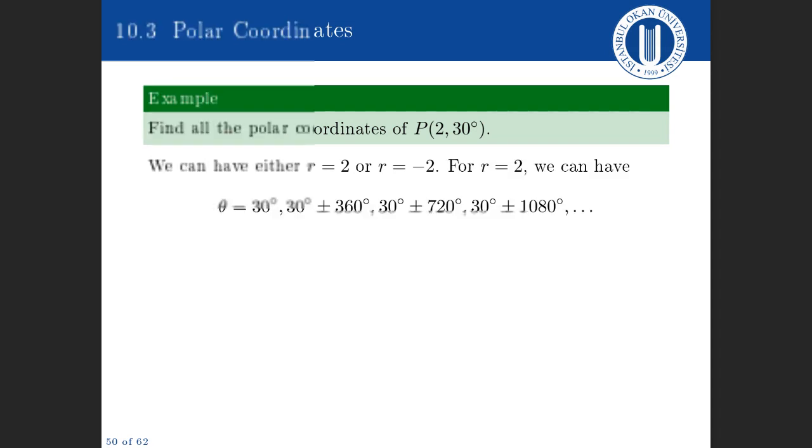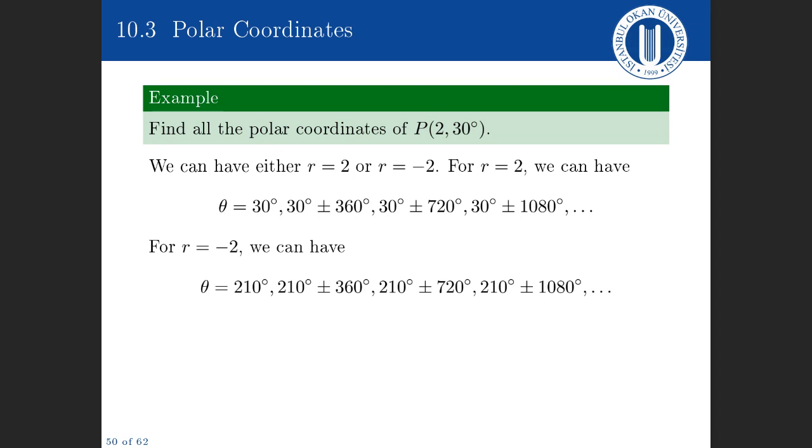First, what do we get if we use r equal to 2? We could have 30 degrees, or as we talked about last time, we could have 30 degrees plus or minus 360 degrees, or plus or minus 720 degrees, or plus or minus 1080 degrees, and so on. If we use minus 2, then the angle is going to be 210 degrees. That's 180 degrees more than 30 degrees.